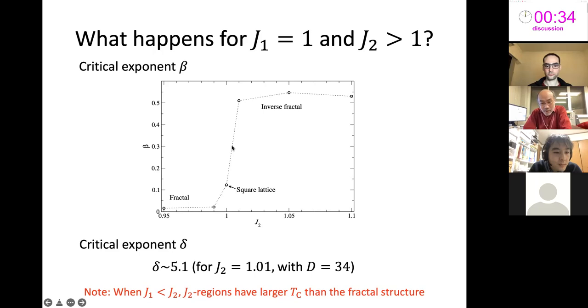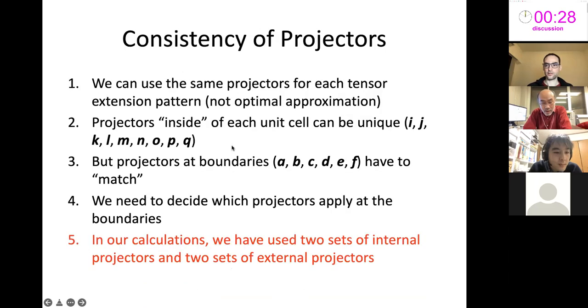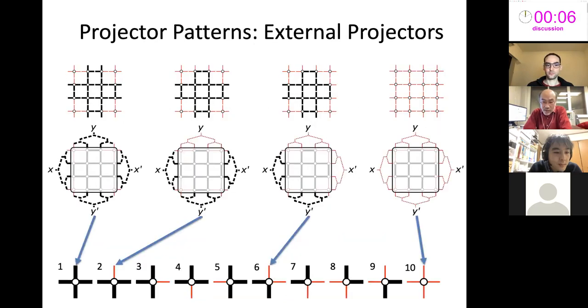I suppose you use only 2 types of isometry. Is it correct? So we use 2 sets for insides of each cluster, and also 2 sets for outsides, like the boundaries. Are those sufficient? I suppose the types of boundary are more than that, no?